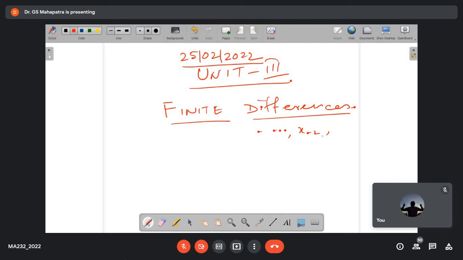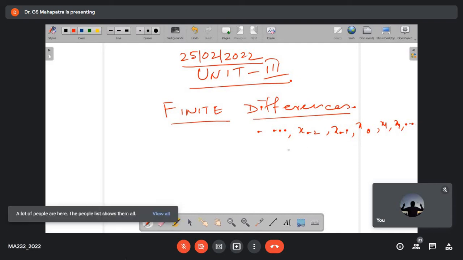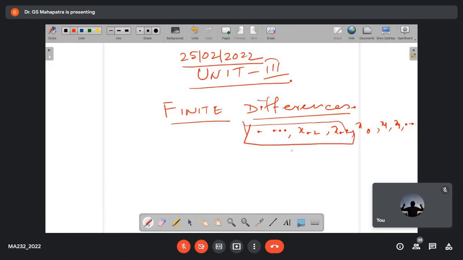So x0, x1, x2, and so on. These data are given. We have to find the finite differences. For all the given values, the difference will be finite only. For forward and backward difference, you can discard the negative part.